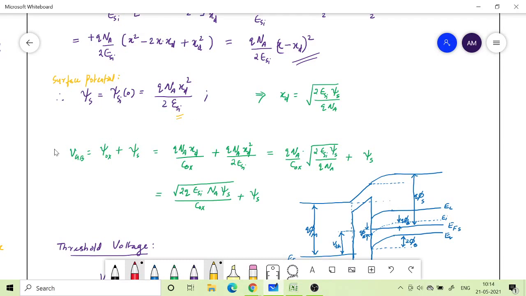So one is linear in xd, the other is square in xd. This is one way I can write the potential drop. This is like KVL. The applied voltage is dropped, a part of it across the oxide, the remaining part in the depletion region.